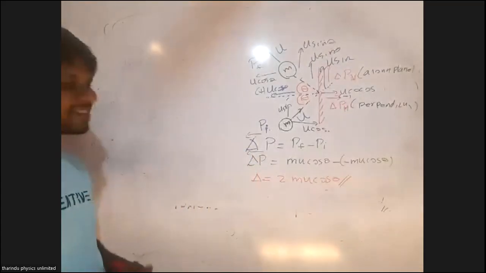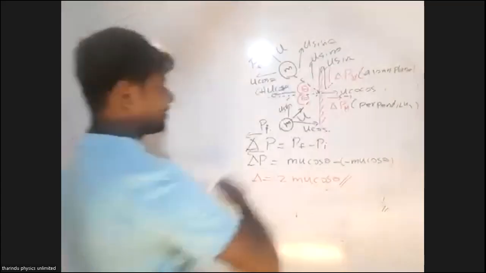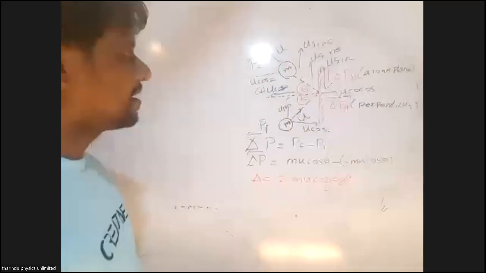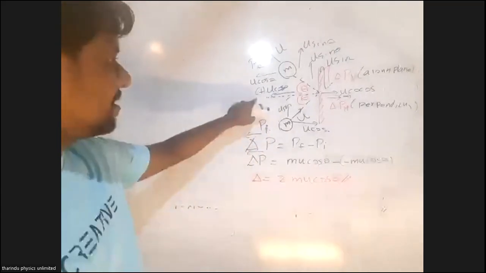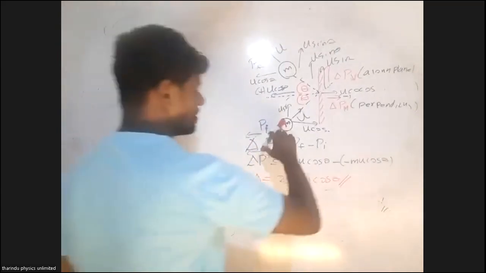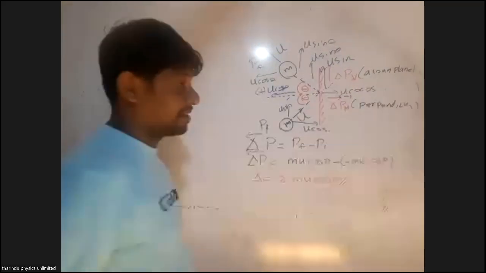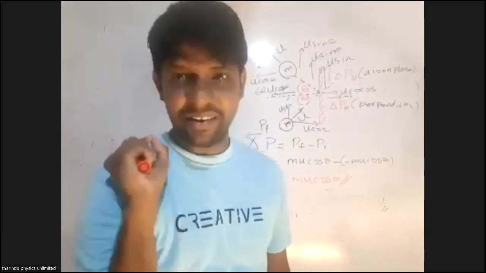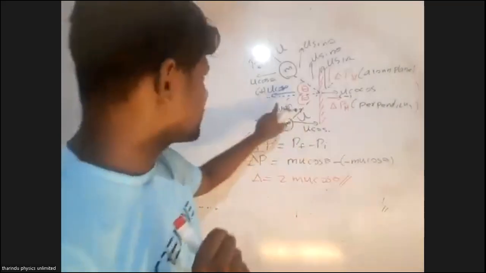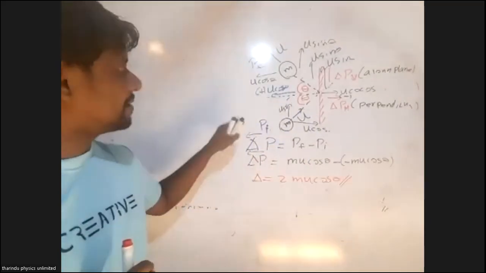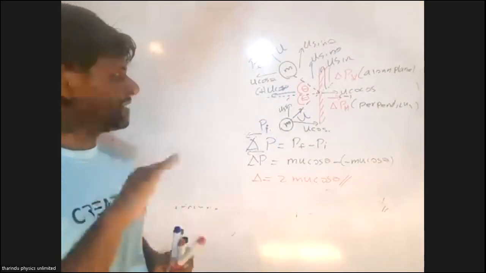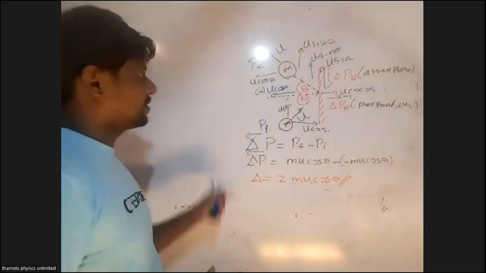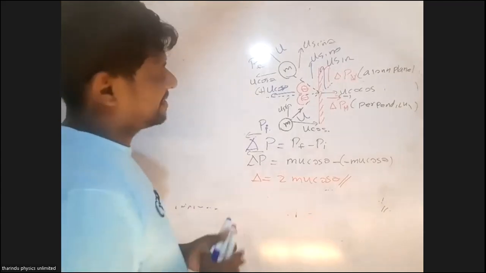MG cos theta. See. Finally, where is MG? It's MU. There is no G here. You are considering that as a projectile. Think of it as something like a molecule. There is no MG here. I only consider the change of velocity. So mass is a constant.